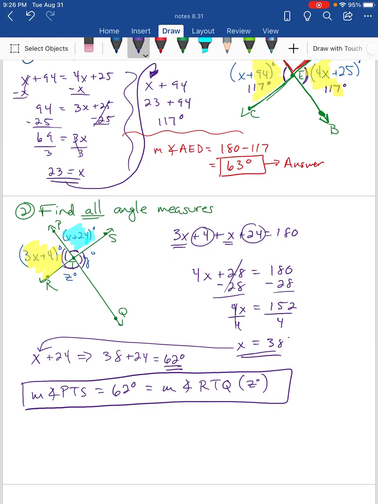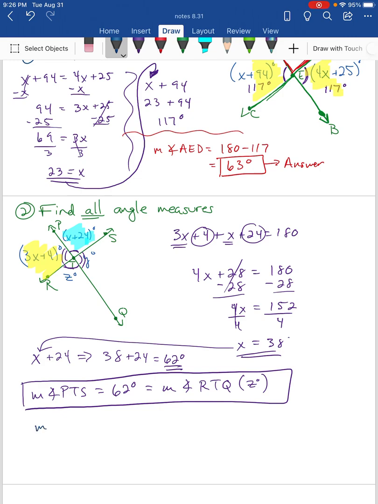Now I have to find the y degree ones, angle STQ and angle RTP. Again, look at the relationship between the highlighted angles. If I already know that PTS is 62 degrees, then the one next to it on the left side has to be 180 minus that because they are supplementary.